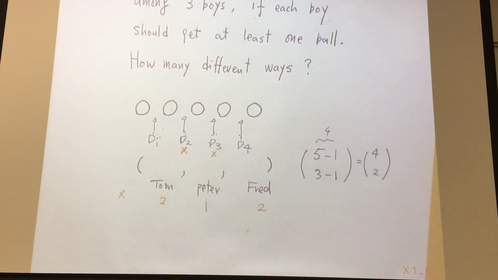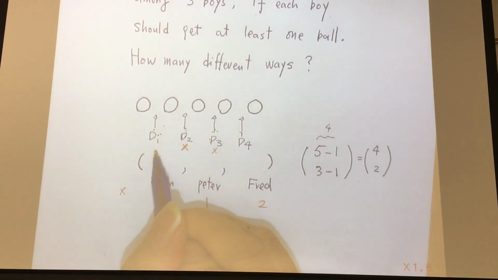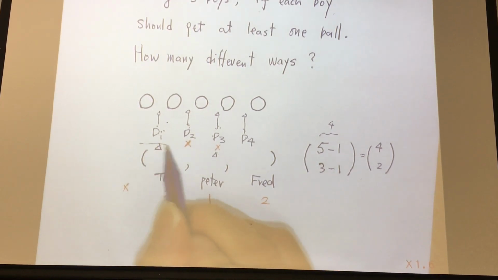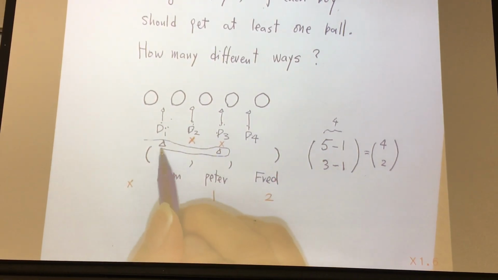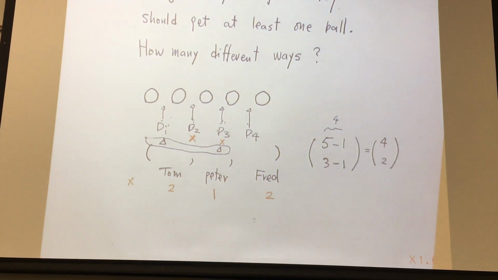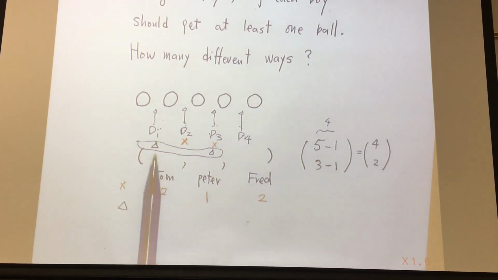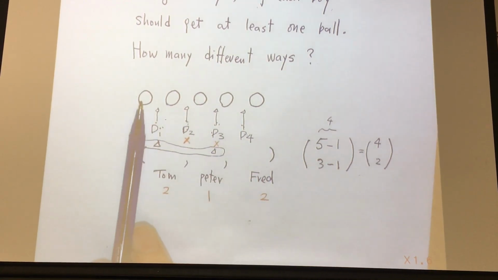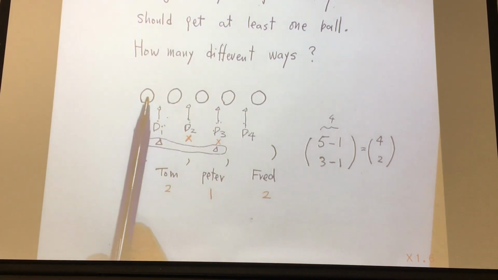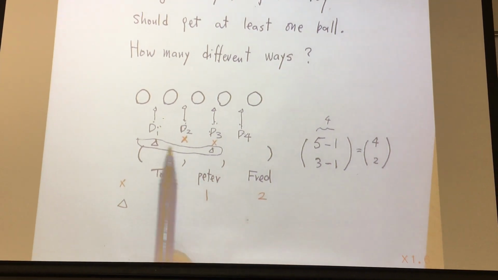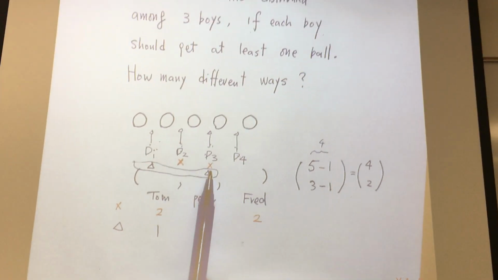Now, let me try one more. Suppose I choose D1 and D3. What does that mean? If I choose D1 and D3, that means the first kid, Tom, gets 1 ball. And from here to here belongs to the second boy, Peter.